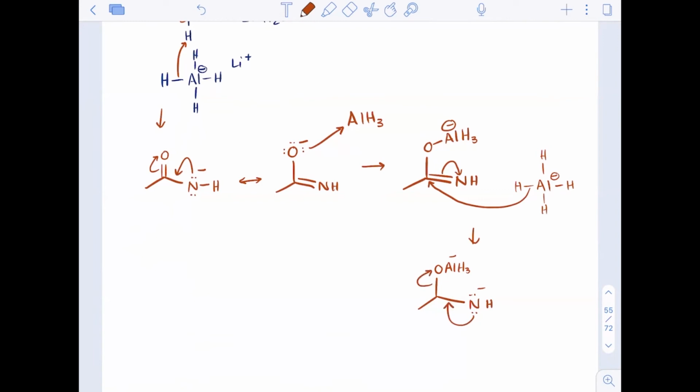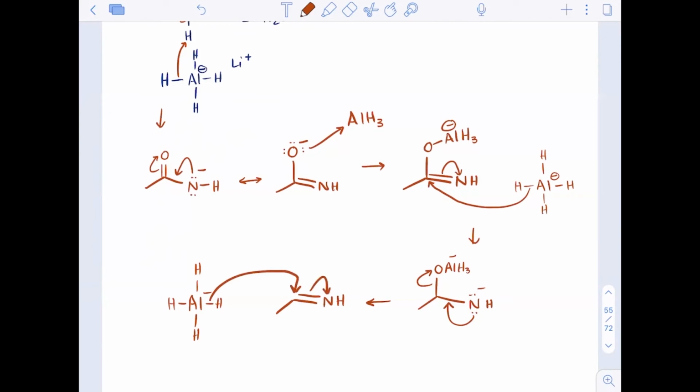And that imine that forms can get reacted a third time with lithium aluminum hydride. So three equivalents of lithium aluminum hydride must be utilized in this reaction.